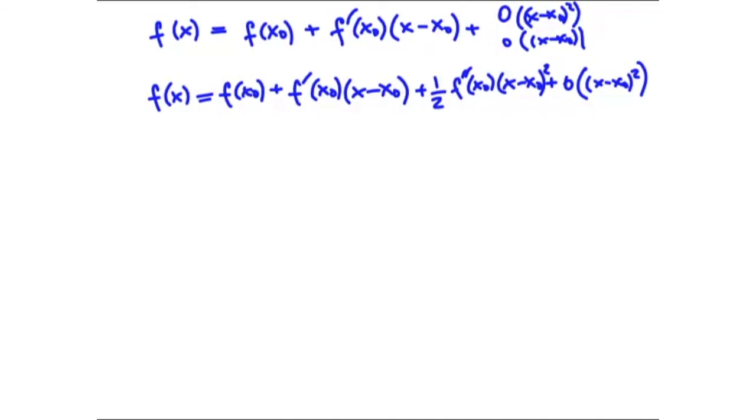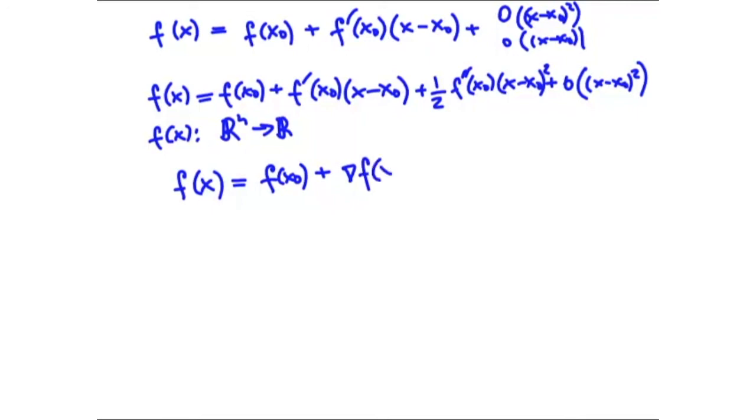So when we have functions of more than one variable, then we can actually write similar expressions. There is Taylor's theorem for this case as well. So this is in case when f of x is from Rn to R. And for the linear approximation, our f of x will be given by f of x0 plus, in this case, we replace f prime of x with nabla f at x0.